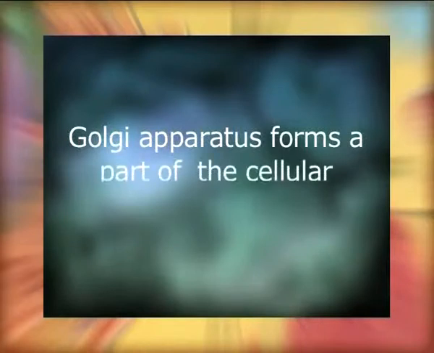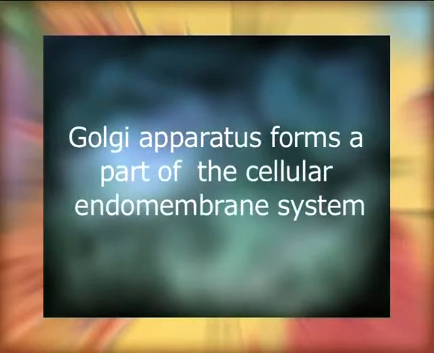The Golgi apparatus forms a part of the cellular endomembrane system. Cells synthesize a large number of different macromolecules. The Golgi apparatus is integral in modifying, sorting, and packaging these macromolecules for cell secretion or use within the cell.